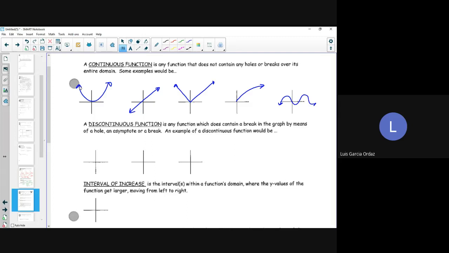A discontinuous function basically has any holes or breaks or an asymptote. What would be an example of a discontinuous function? An exponential, because there's an asymptote. Did you guys learn about piecewise functions?